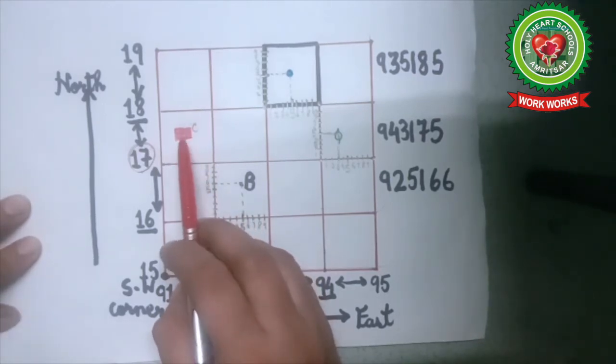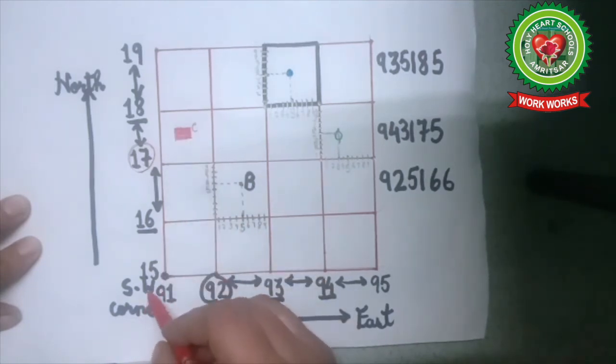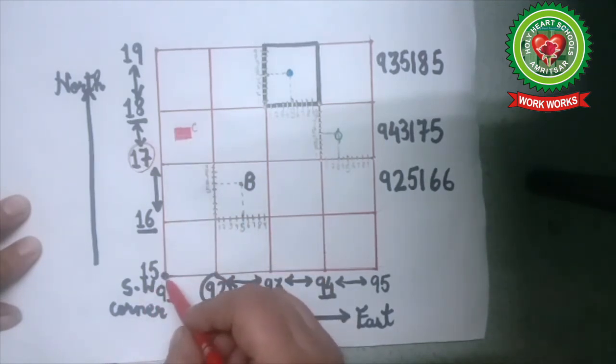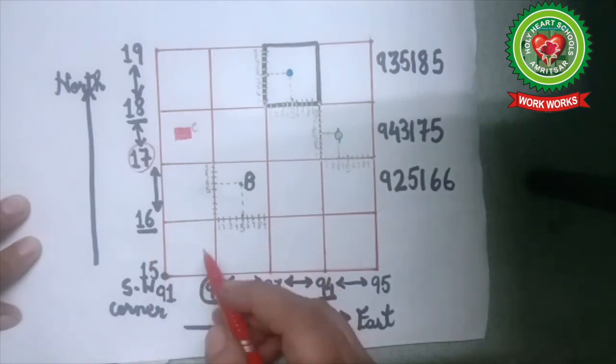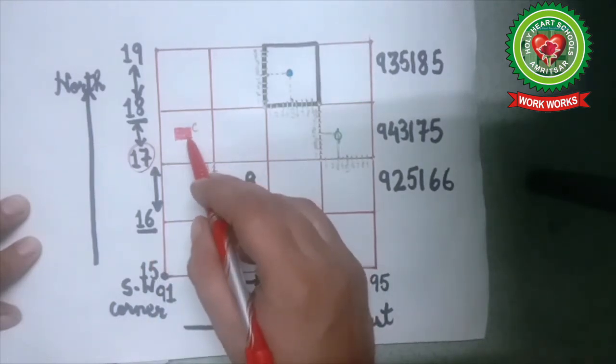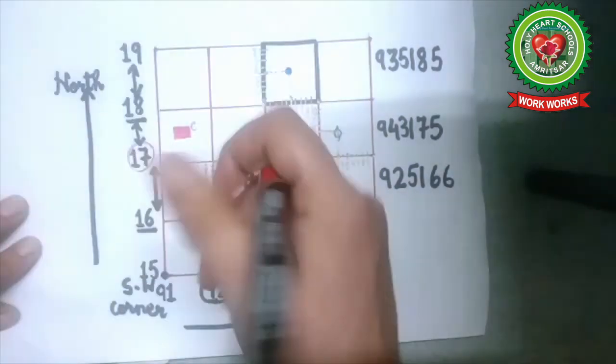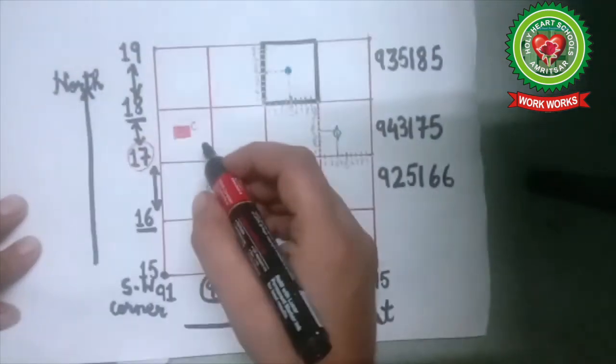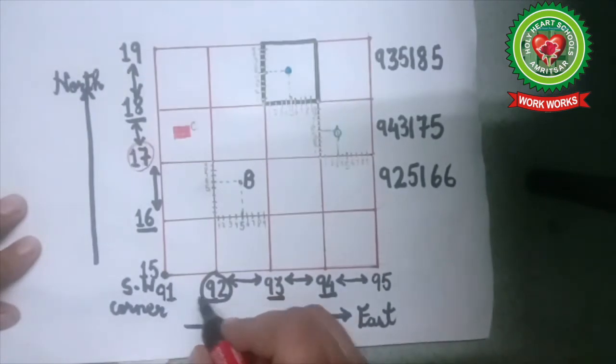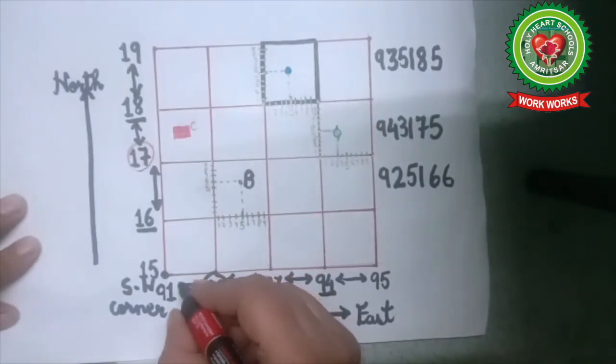For this purpose, first of all, we will read its 4-figure grid reference. For finding the 4-figure grid reference, we will refer first of all to its southwest corner, that is the origin. Now we will find between which two eastings settlement C lies. Obviously, settlement C lies between the eastings 91 and 92.